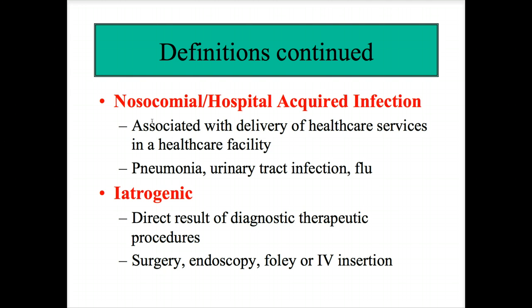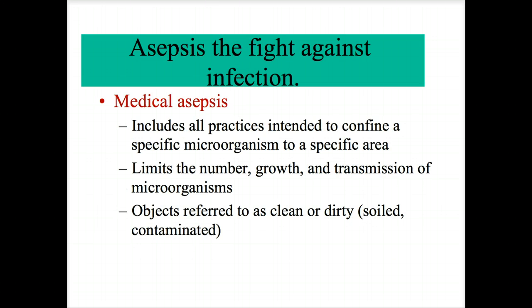Iatrogenic infections are infections that result because of a therapeutic procedure. For example, if I put in an IV and that IV site becomes infected, then that is an iatrogenic infection because it happened because of treatment the patient received in the facility.